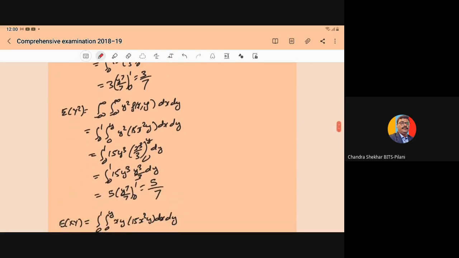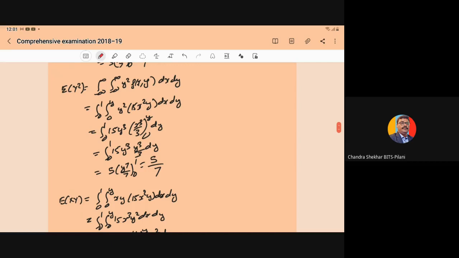Similarly, we compute here the expectation of y². The basic formula is the integral from minus infinity to infinity of y² f(x,y) dx dy. Just put the value of the joint PDF and the appropriate integral limits. So integral 0 to 1, integral 0 to y, of y² 15x²y dx dy.